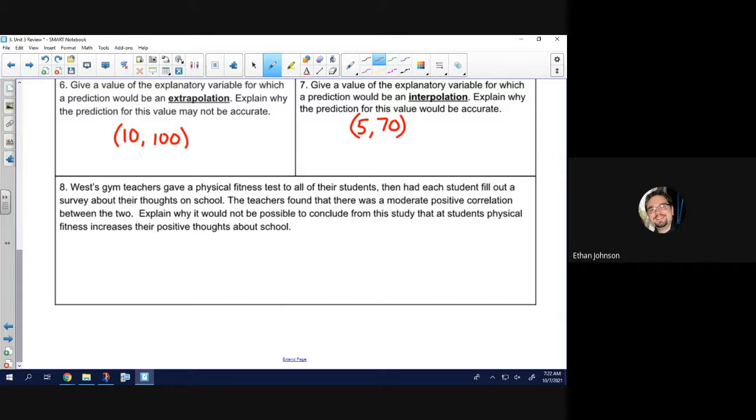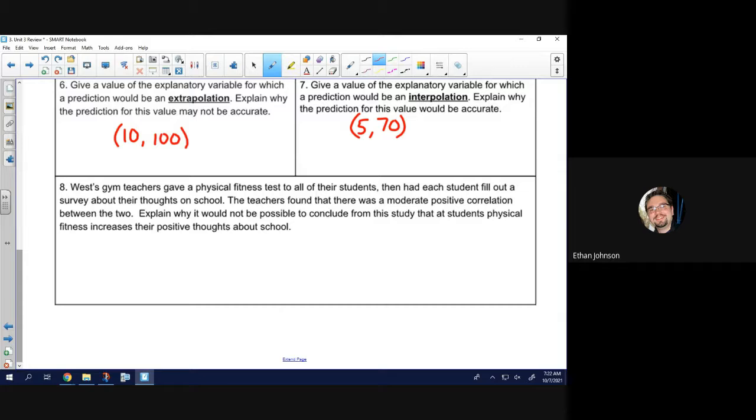So this is saying that there is a relation between what students think about school and their physical fitness. However, does that mean that the more you work out, the happier you're going to like school? Not really.